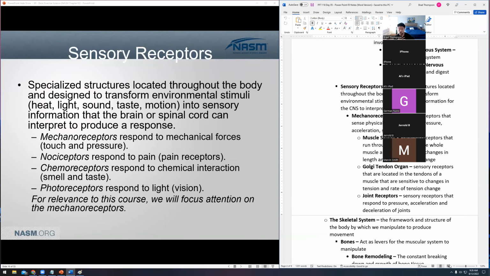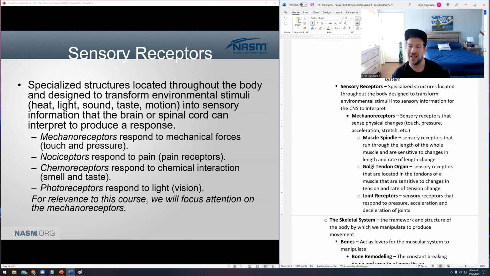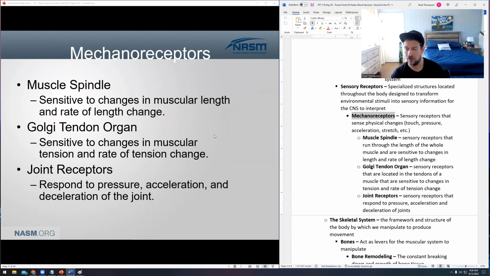The biggest one that we're going to talk about, the biggest category, our favorite, is mechanoreceptors. The word mechano comes from mechanic or physical, right, and it's a receptor. So mechanoreceptors are sensory receptors that sense physical changes to things. Touching something, you would sense that.